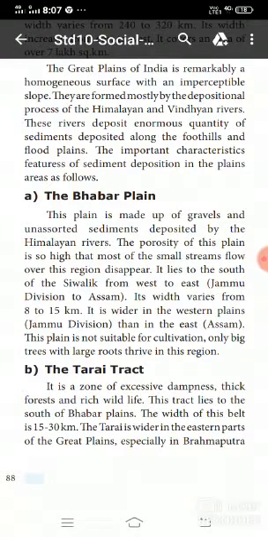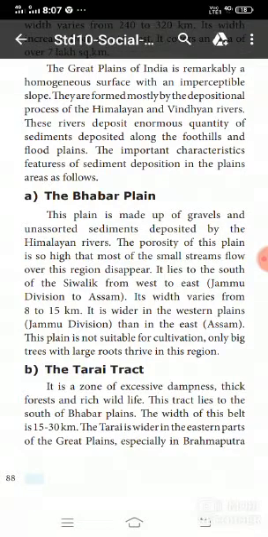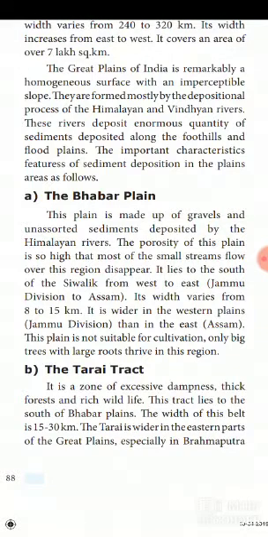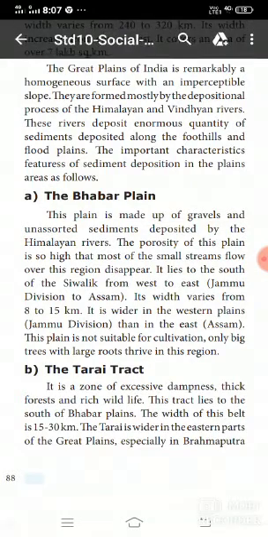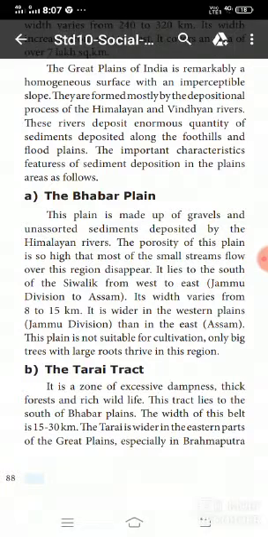This plain is made of gravels and unassorted sediment deposited by the Himalayan rivers. Unassorted means different types of sediment, different types of strata deposited by the Himalayan rivers.